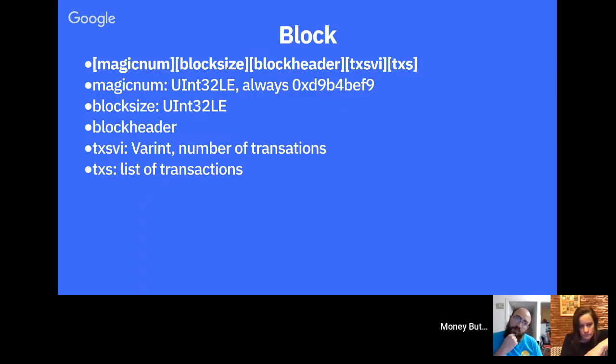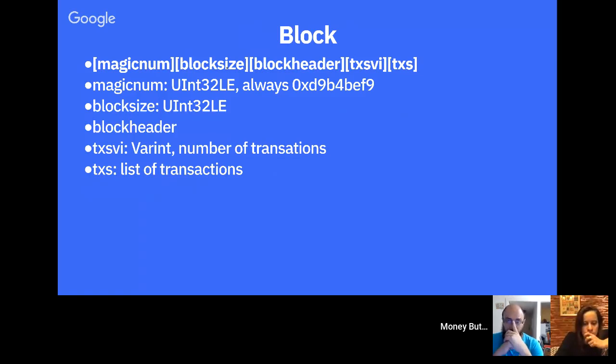And so finally, in some ways the conclusion of all this is that this is what a block is. A block is a magic number, which is just always this value, because we transmit them over the network and we want them to start with a unique number, followed by the size of the block, followed by the block header, followed by the number of transactions, followed by the list of transactions.